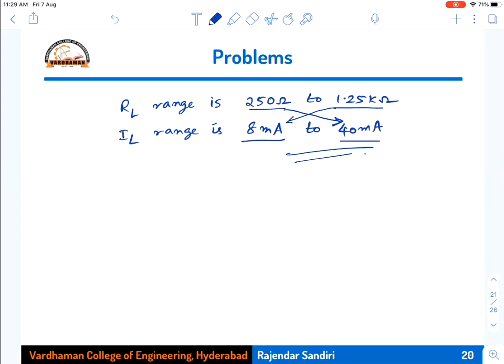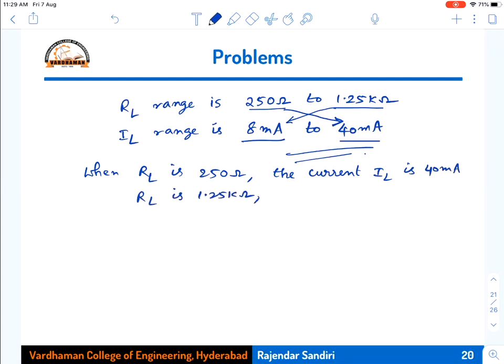So when RL is 250 ohms, IL will be 40 milliamperes. When RL is 1.25 kilo ohms, IL will be 8 milliamperes. That is the answer. I hope you understood.